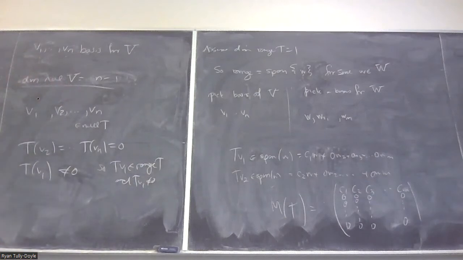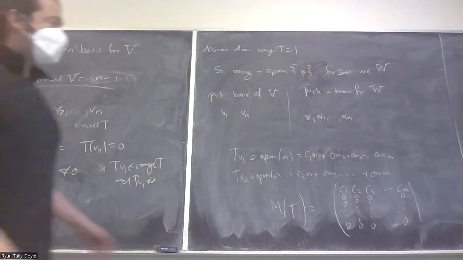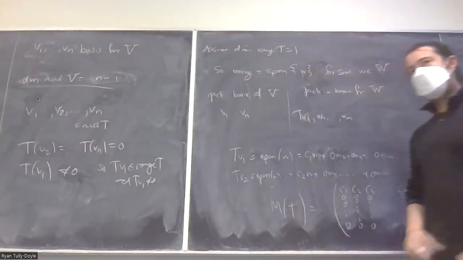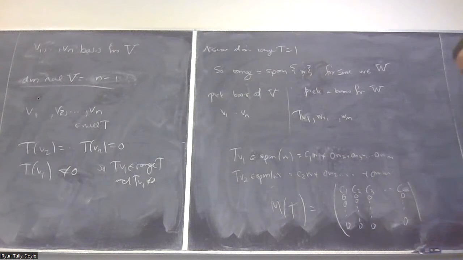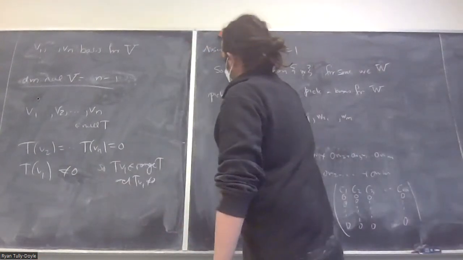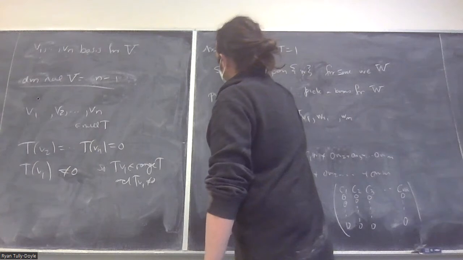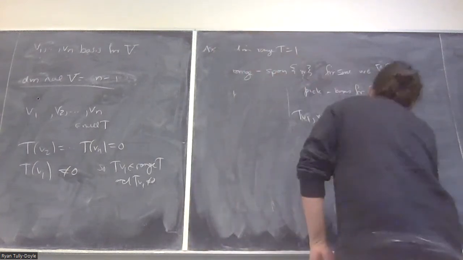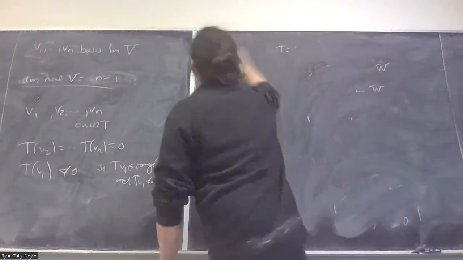Then I said we expand TV1 into TV1, W2 to Wn. Okay, that's this. And then let W1 in W be equal to TV1 minus W2 minus all the way to Wn. Oh, that's cute. How are you going to get the next one?